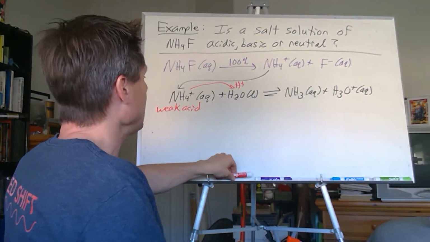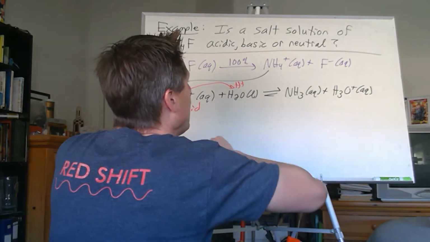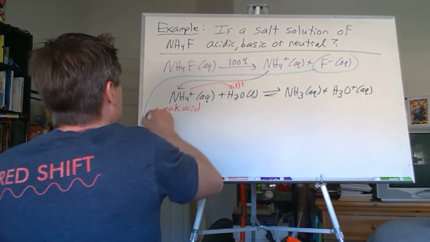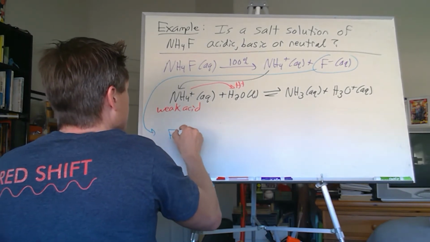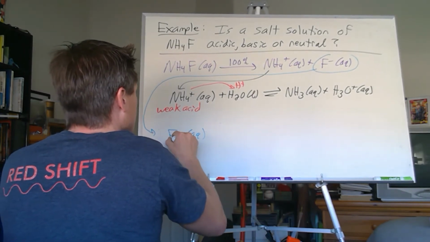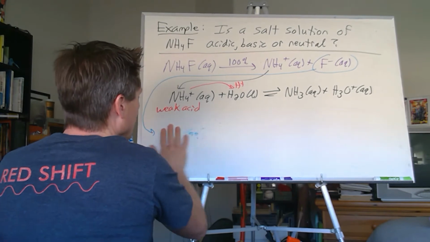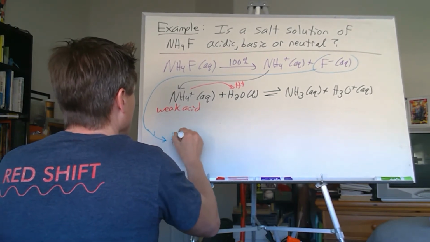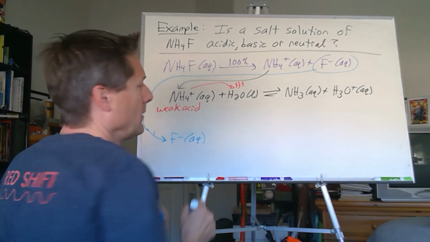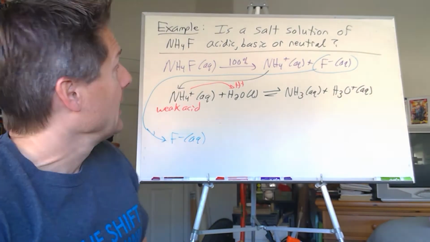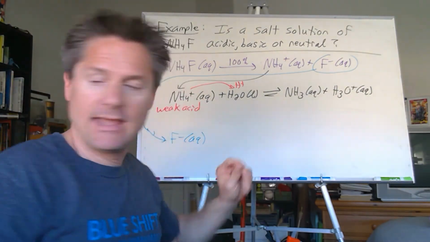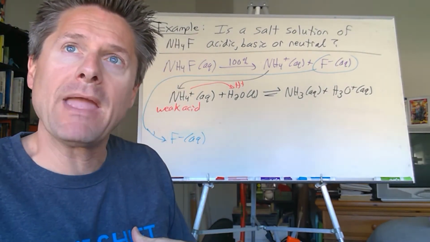Let's take a look at the fluoride ion. Let's bring that baby down. Actually, I'm going to move that a little bit lower. Let's look at the fluoride ion. Let's see if that has some basic character, because that comes from HF.